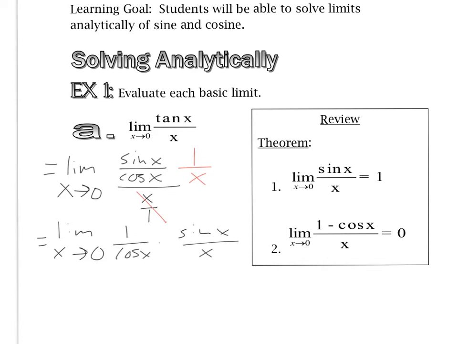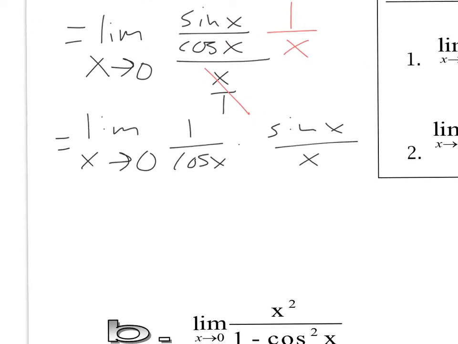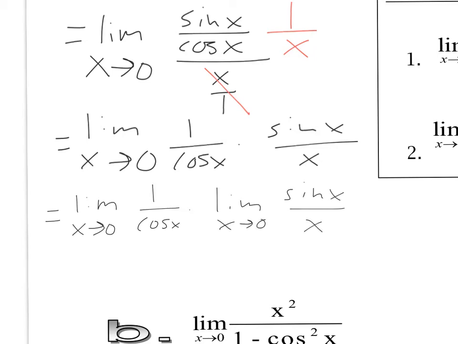I don't know if we've really hit this or not yet, but basically you're allowed to break this up into 2 separate limits because we're multiplying here. So technically we could write this as the limit as x approaches 0 of 1 over cosine x times the limit again, x approaches 0 of sine x over x.